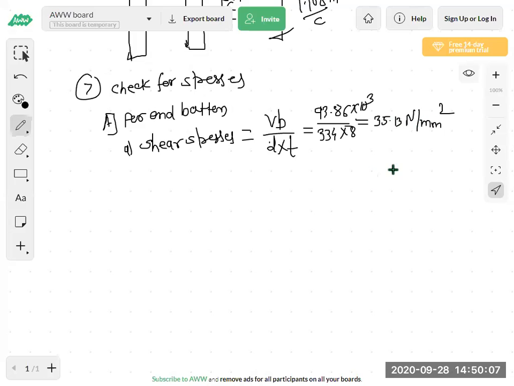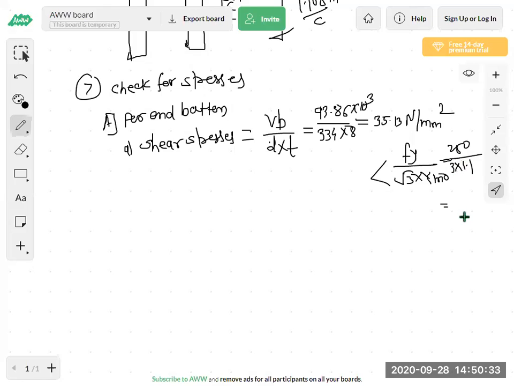Now this value should be less than Fy divided by root 3 into gamma m0. So how much is this value? Fy is 250 divided by root 3 into gamma m0 is 1.1.